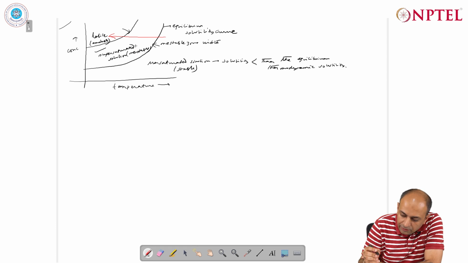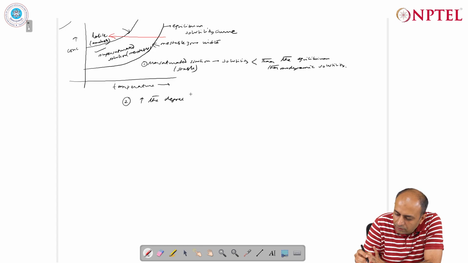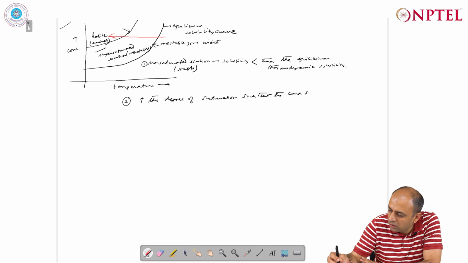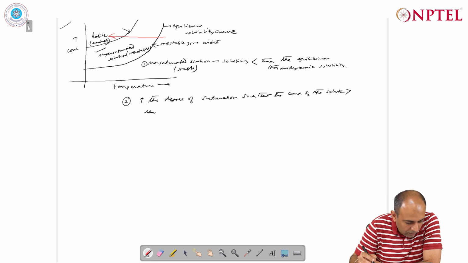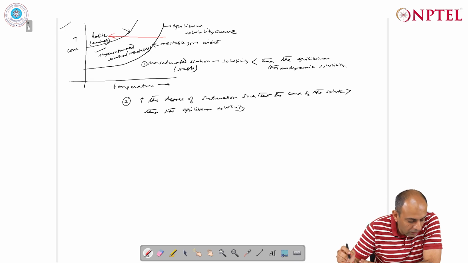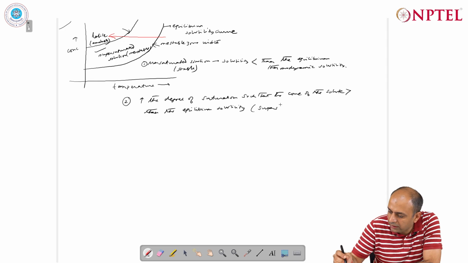So this can be achieved by, the first step is the unsaturated solution, and then the second step is to increase the degree of saturation such that the concentration of the solute is greater than the equilibrium solubility, that is supersaturated.